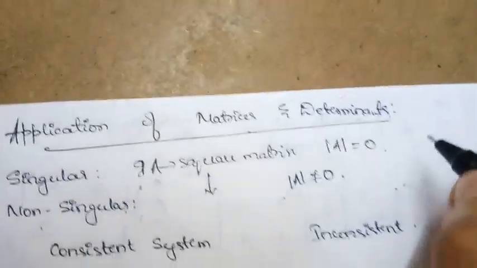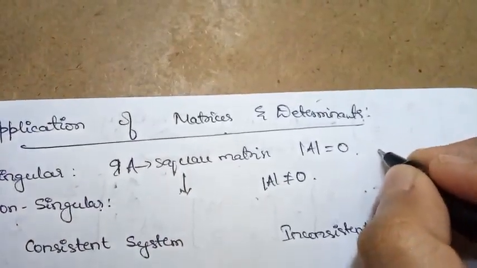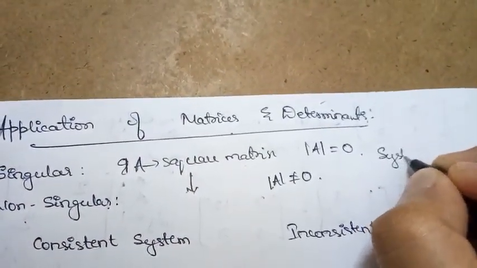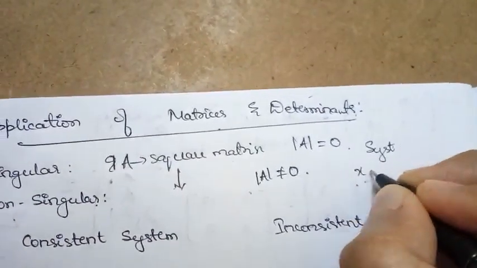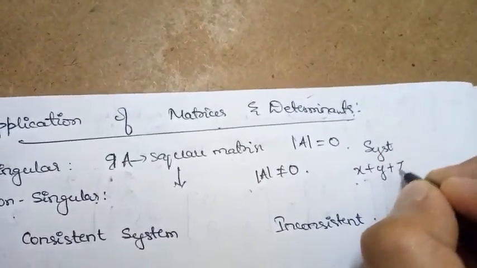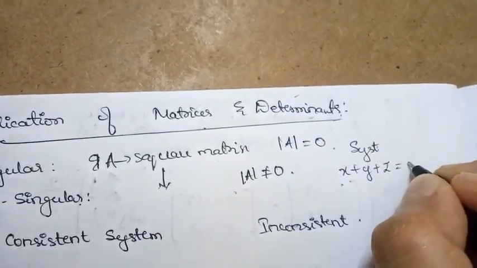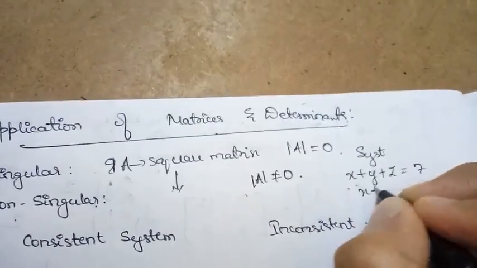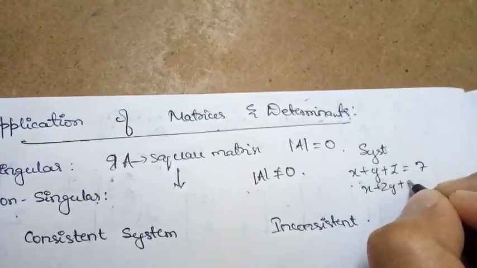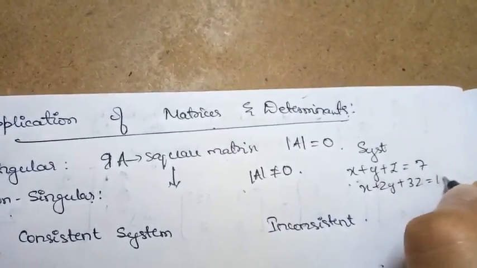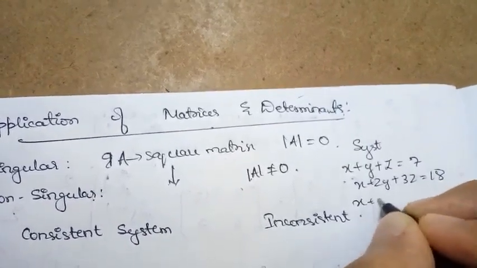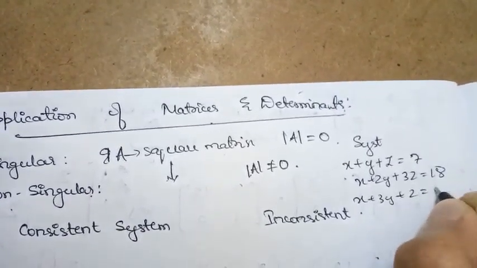I hope you all read about the system of linear equations in your elementary classes, and solving a system of linear equations like x plus y plus z is equal to 7, x plus 2y plus 3z is equal to 18, and x plus 3y plus z is equal to 8.